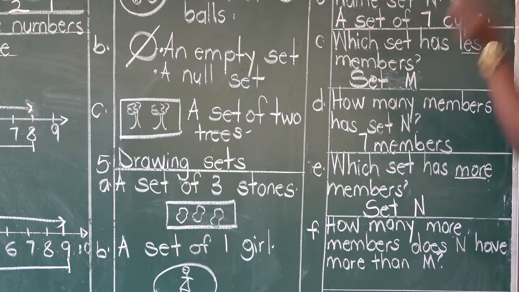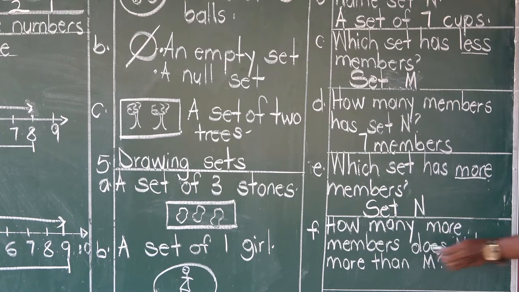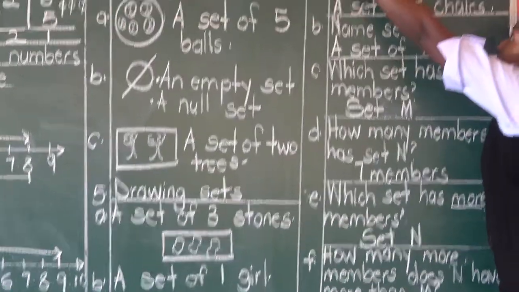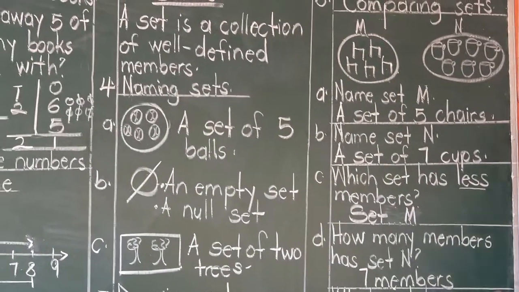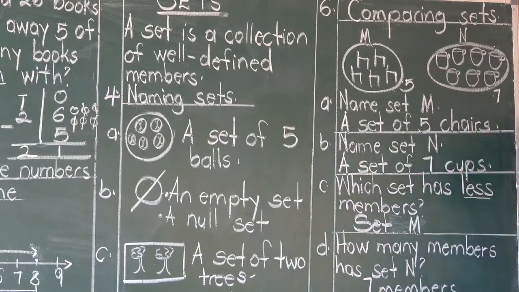Okay. Then our last number, on comparing sets, we have how many more members does N have more than M? This one has 5 members and this one has 7 members. Now, how many does this one have more than this? Meaning that we are going to subtract, or we are going to take away. These are 5, these are 7.